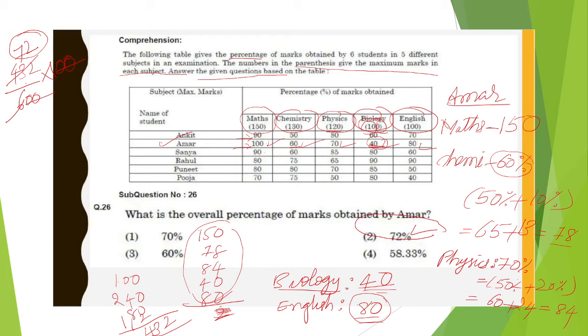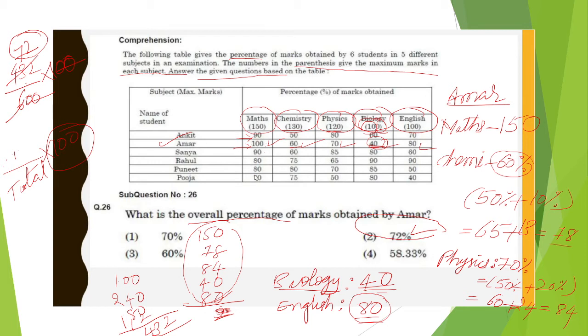That's why we first convert this percentage of marks into marks. Then we add all the marks and find the overall percentage. Overall percentage means whatever marks we got divided by total marks into 100. These are the overall percentage.